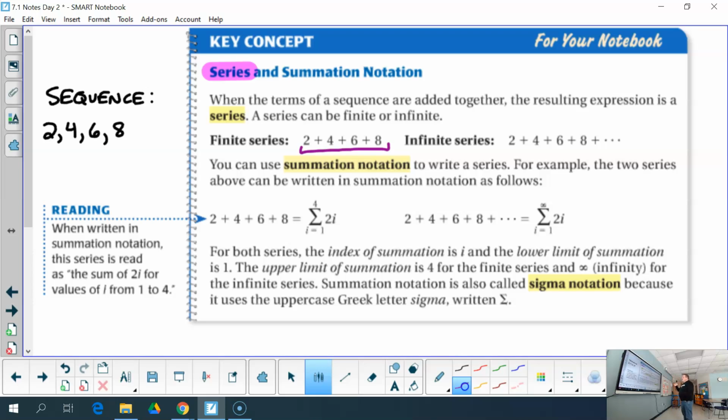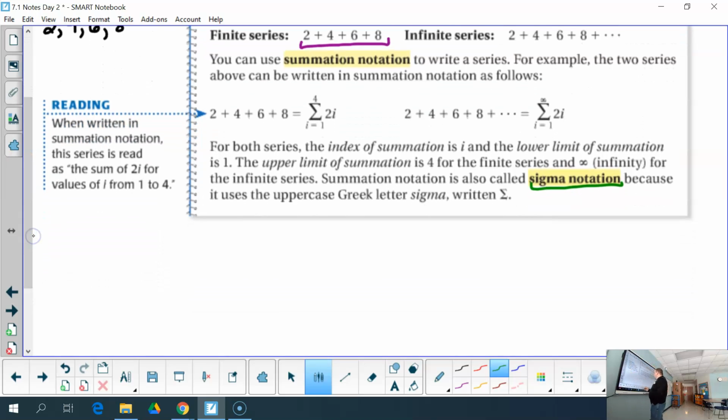Summation notation is the other part of this, when we're talking about series. Summation notation is also referred to as sigma notation. It uses the Greek letter sigma, which is that funky looking E. And it's very easy to figure out sigma notation.